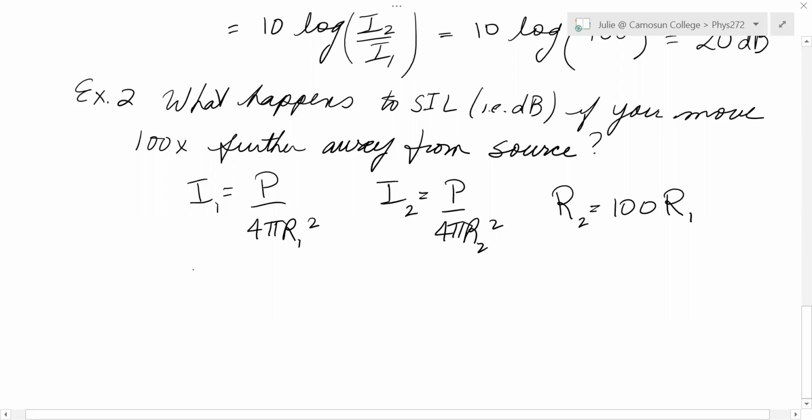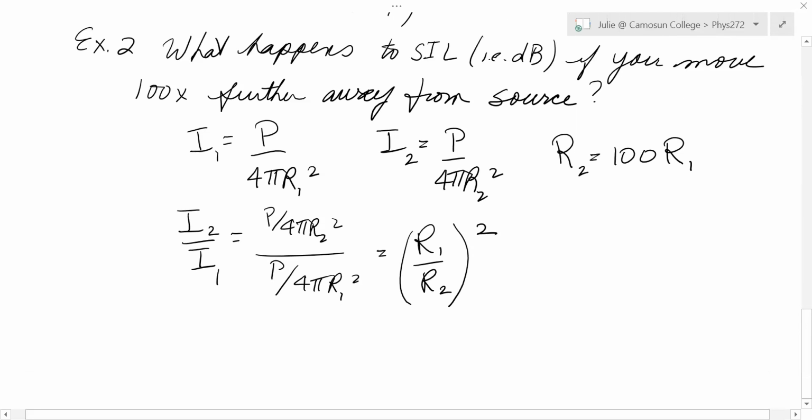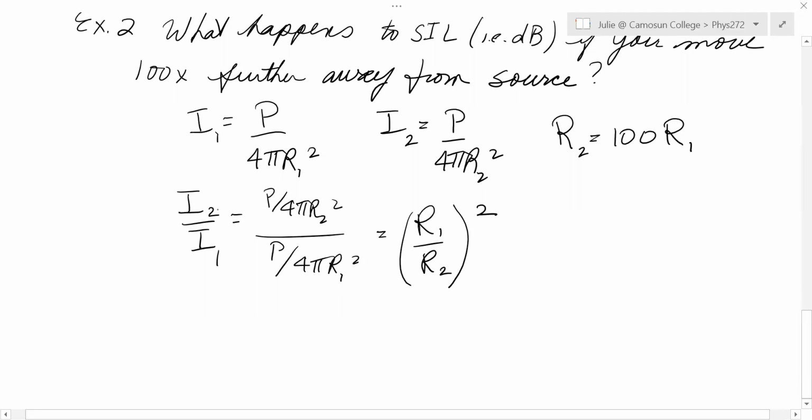So we can get this ratio, I2 is to I1, as P over 4 pi R2 squared is to P over 4 pi R1 squared. And we see that this is just the ratio of the radii flipped and squared. So if you move further away, the intensity goes down. Notice how it's I2 over I1, but here it's R1 over R2.